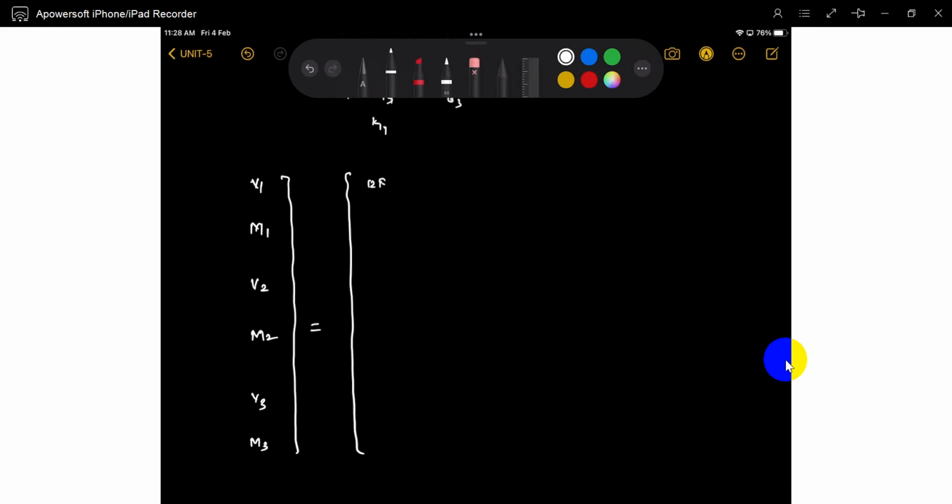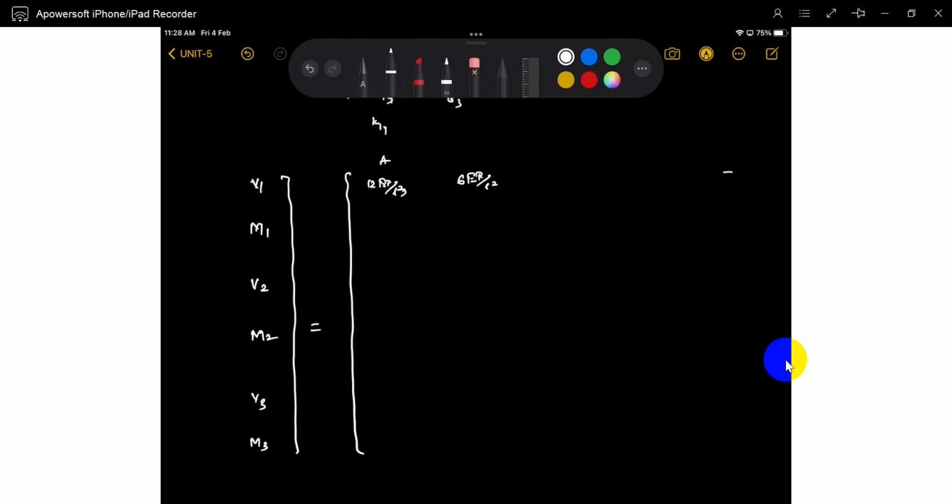So 12 EA by L cube, these are related to A. I will write these in a white line. So this is related to A, because A has a certain different length and B has a different length. Maybe A has a different A, B has a different A. Only the change will come. See, 12A, 6EA.